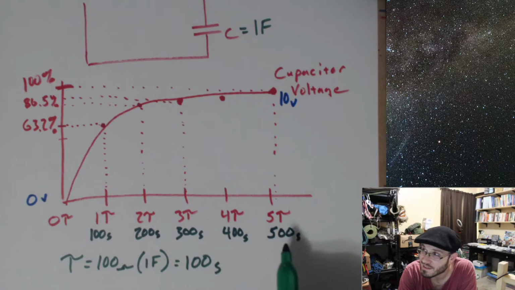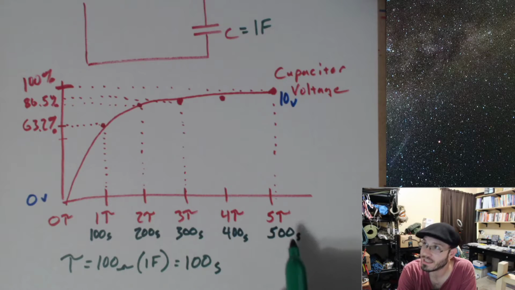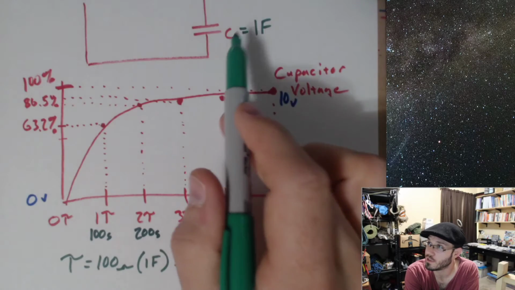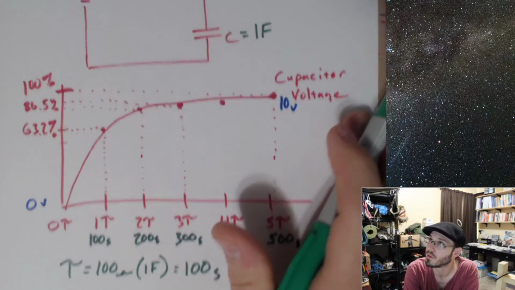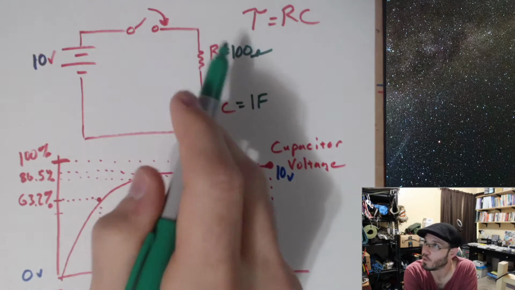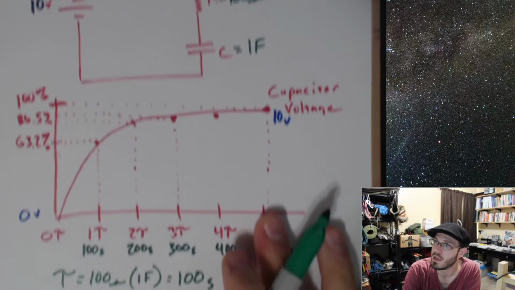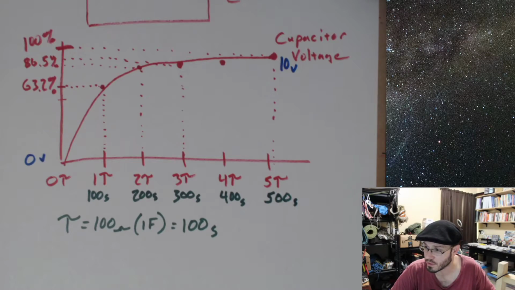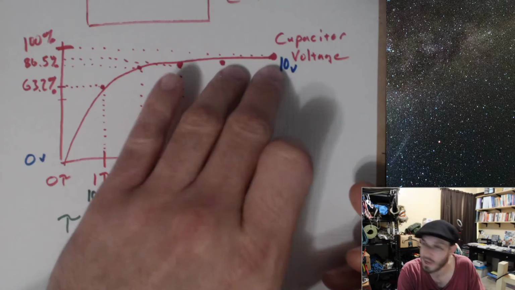Okay, so it takes a full 500 seconds for us to finally reach 10 volts across this 1 farad cap when we have 10 volts applied to this circuit. So at time 0, we start off with 0 volts across it, and then we end with 10 volts across it.